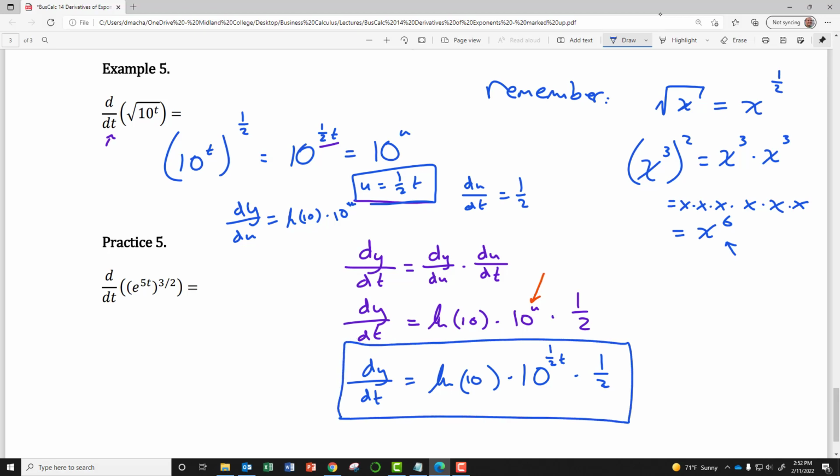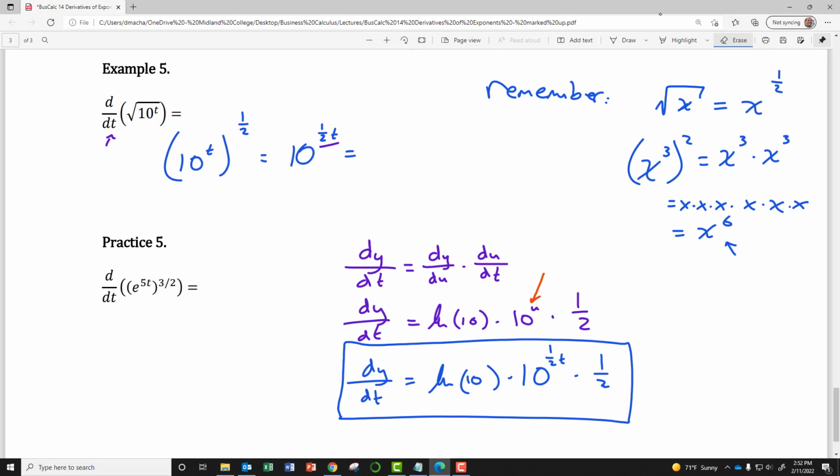Okay, this is the point where you pause the video, you try practice 5, and give it your best shot there. And then once I'm done erasing this, I'll assume that you've given it your best attempt and you're ready to see the solution.